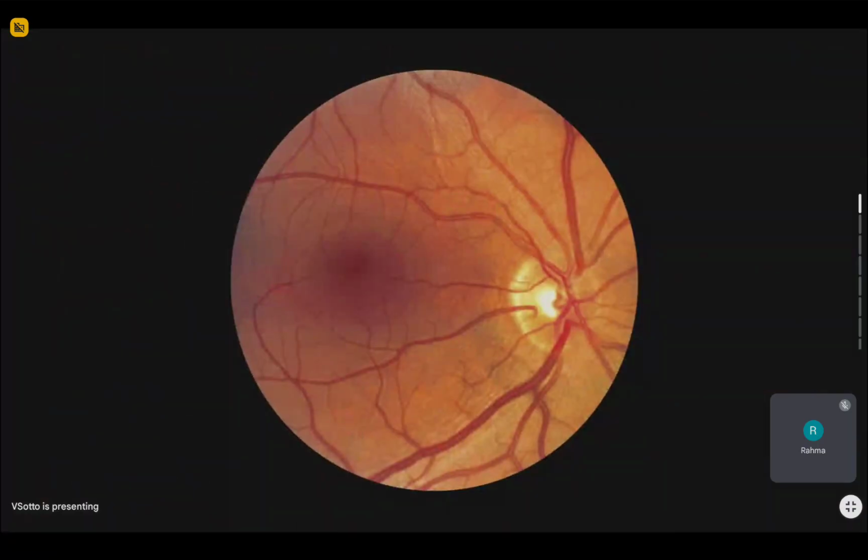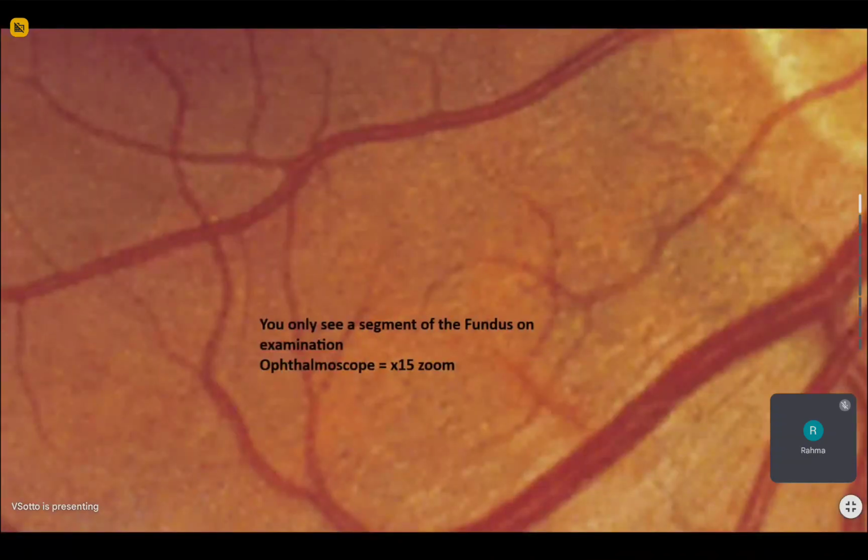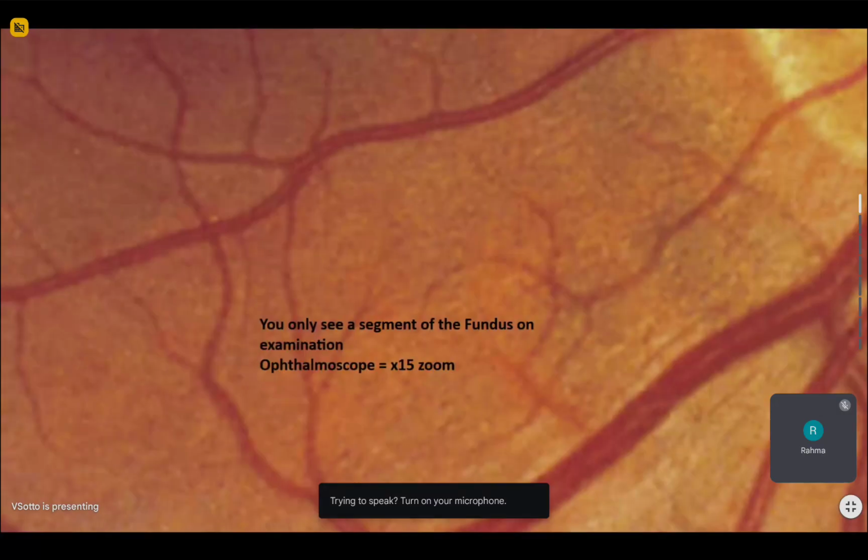This would be the picture when you use your slit lamp. In slit lamp examination, we see the fundus in this magnification, but in ophthalmoscopy, it's 15 times magnified. So you'll be expecting this view.